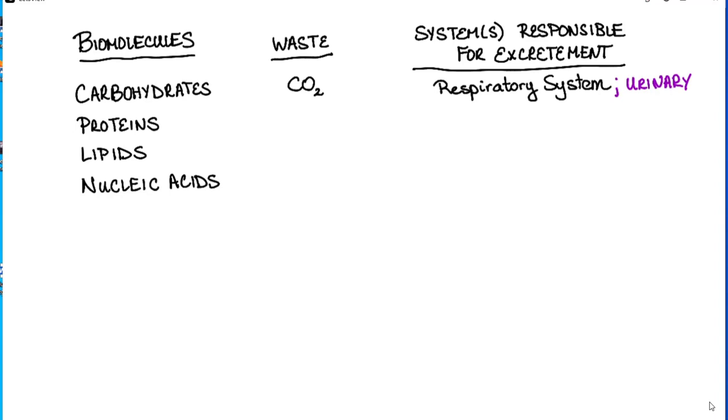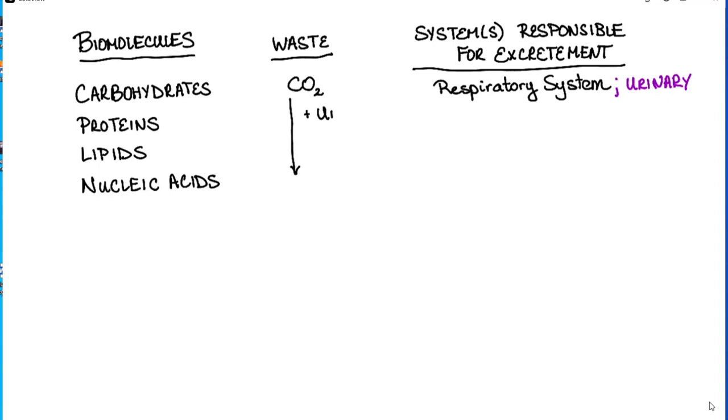All right, so proteins, lipids, and nucleic acids all produce CO2 as well. In addition, they'll produce at least one other waste product. So let's list those out. So we have CO2 for all of these, but proteins need to get rid of the extra nitrogen, and they do so by making urea.